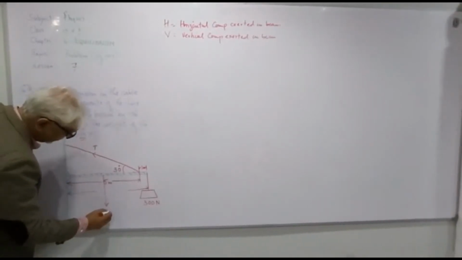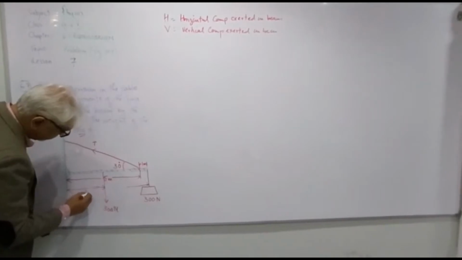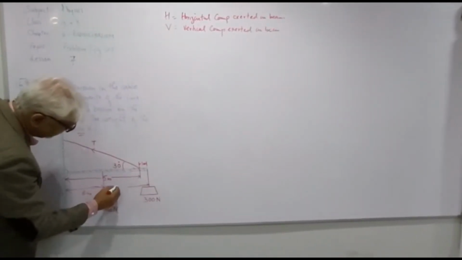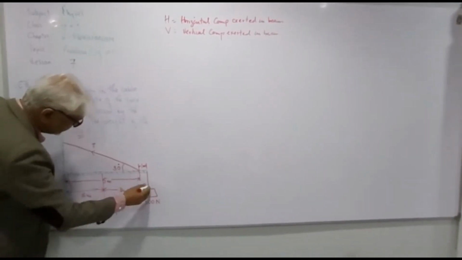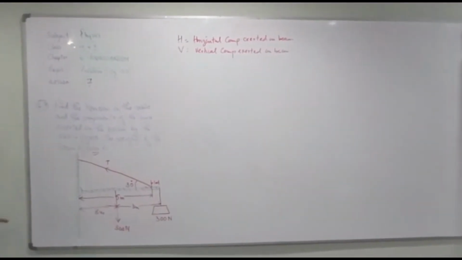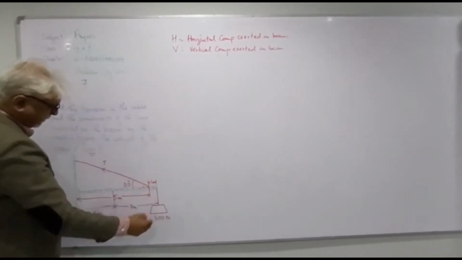From here to here you also have 3 meters. So the total length of the beam is 6 meters, 5 plus 1.